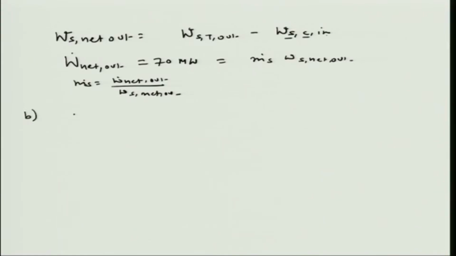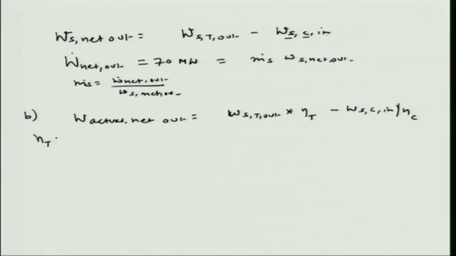In the second part, we have to consider the isentropic efficiency of compressor and turbine, that is 85%. So we can calculate the W actual net out, which is going to be Ws turbine out multiplied by eta of turbine minus Ws of compressor in divided by eta isentropic of compressor, because you remember that we have discussed this, eta of T is Wa by Ws and eta of C is Ws by Wa, hence this expression will come.